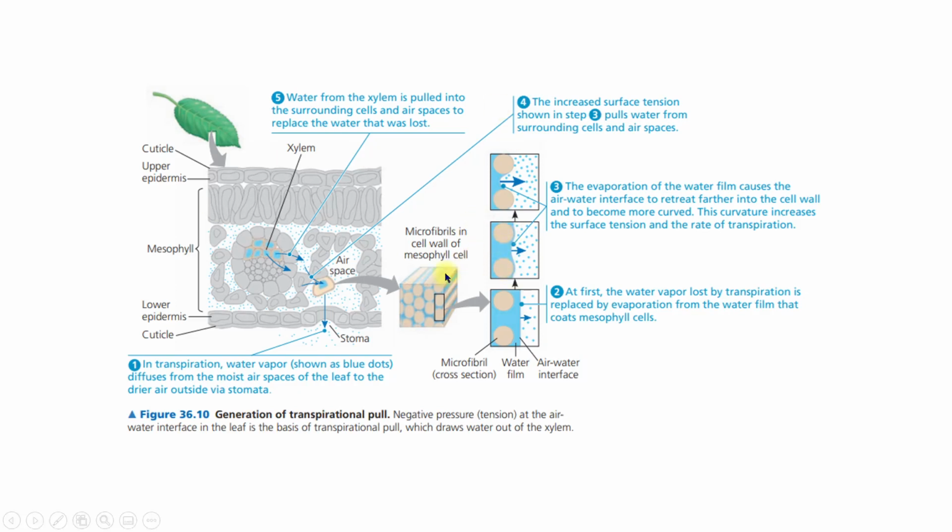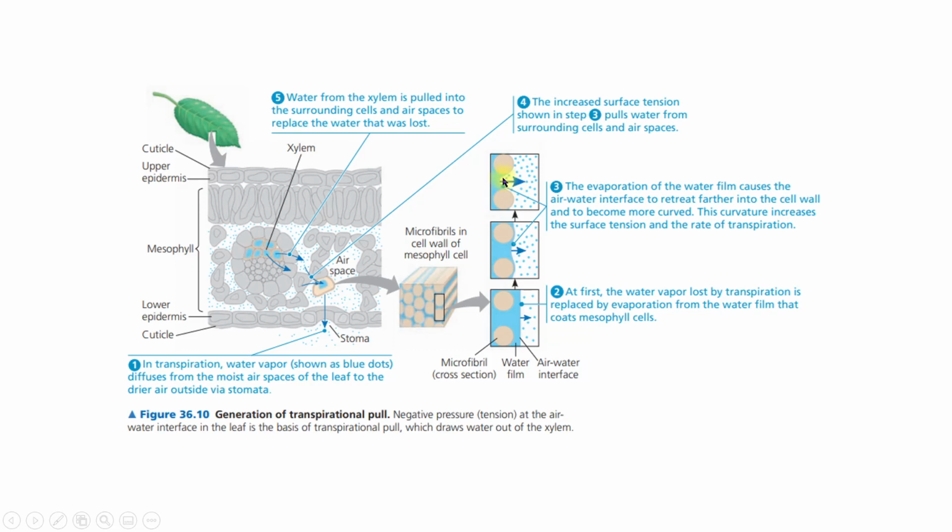You can see here it becomes more curved. Initially it was like this, then slightly curved, and then more curved, because more water is lost as water vapor from the water film. So the evaporation causes the air-water interface to retreat further and become more curved.